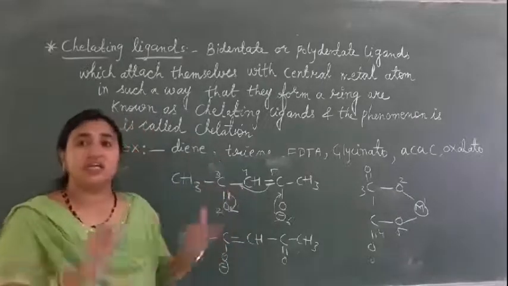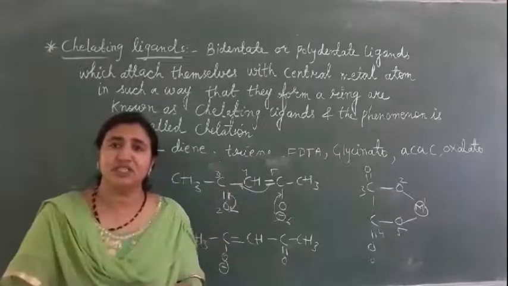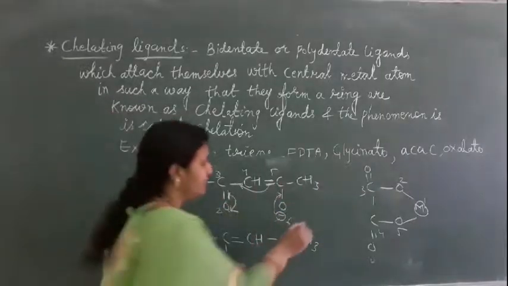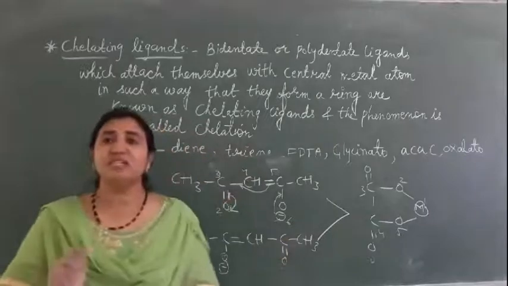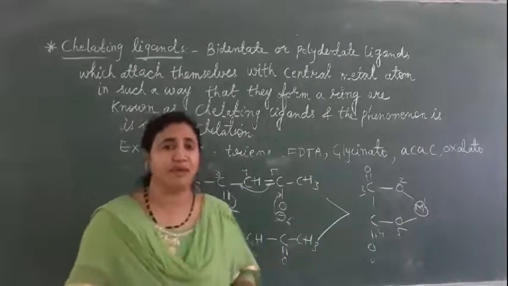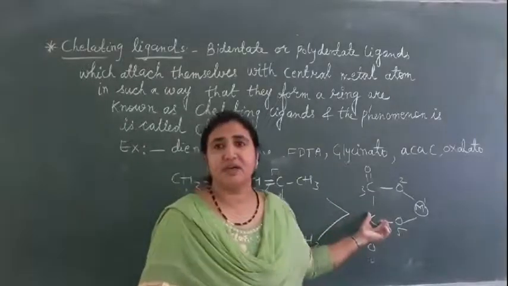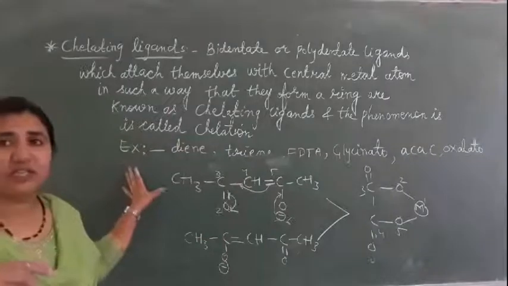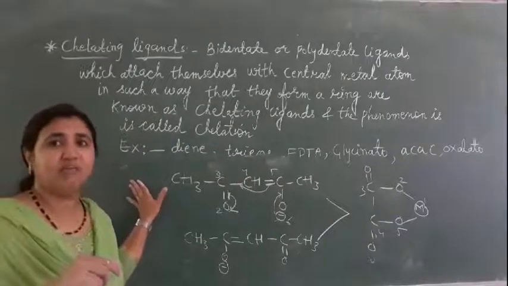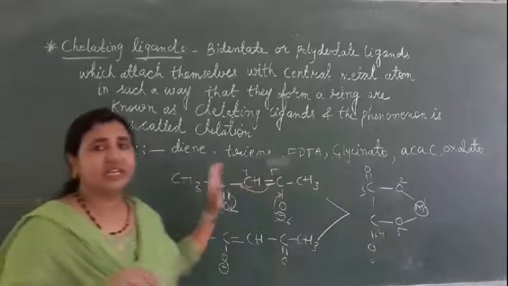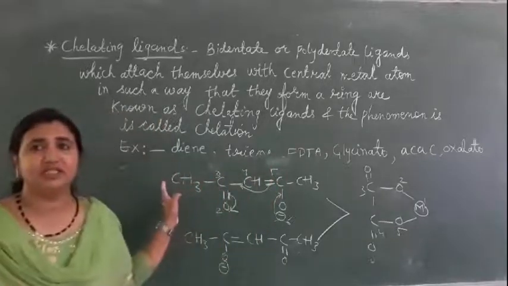If we have a 6-membered ring with a conjugation system, then the 6-membered ring is more stable than the 5-membered ring. Remember this one. So this is about chelation. Chelation gives stability to the complex. As the size of the ring increases, stability increases.